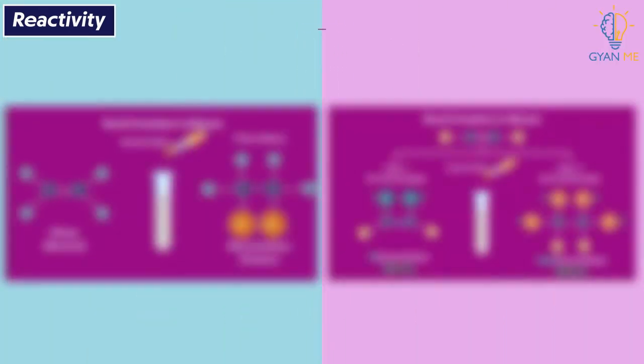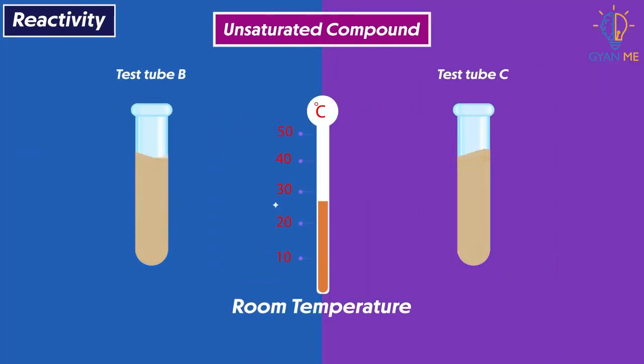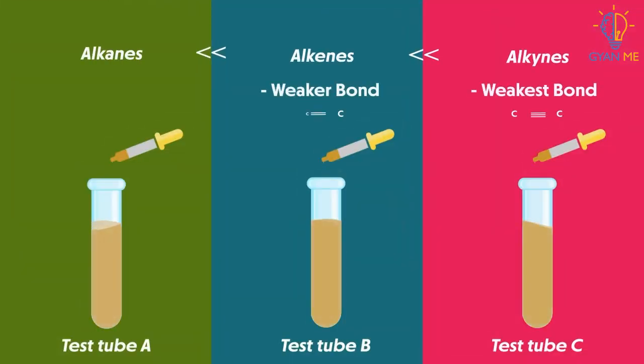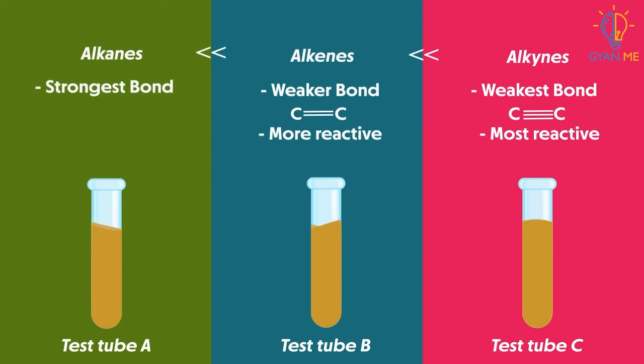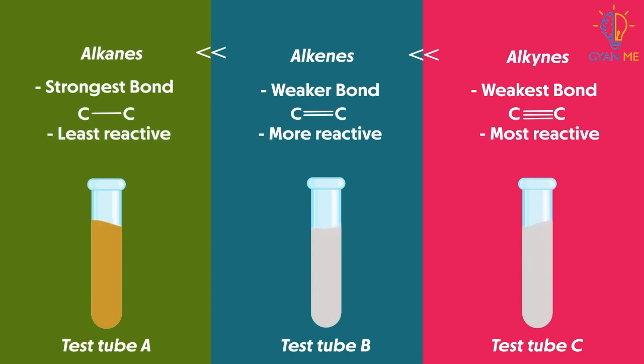Against this, the unsaturated compounds can form new bonds and react even at room temperature instantly to form new compounds. Thus, they are more reactive. We can conclude that the weakest bond is the triple bond. Thus, alkynes are the most reactive. The strongest bond is a single covalent bond. Thus, alkanes are the least reactive compounds.